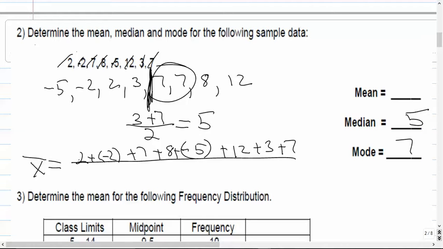But I have 1, 2, 3, 4, 5, 6, 7, 8 data values. And so I'm going to add that up, and I'm going to divide by 8. Adding up the numerator, divided by 8, the mean should come out to be 4. And again, I work with X bar because it is indicating it is sample data.